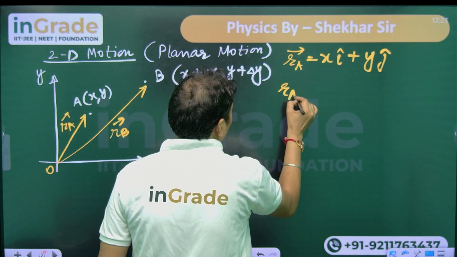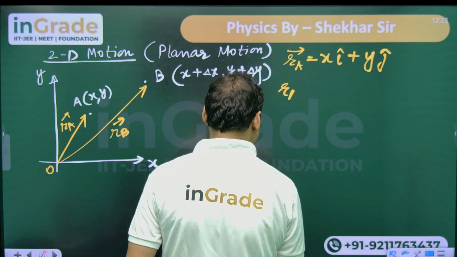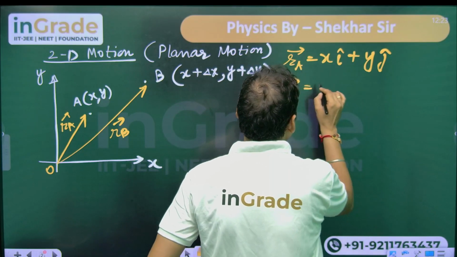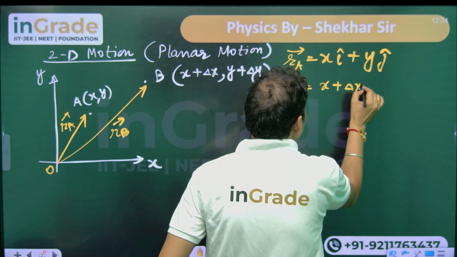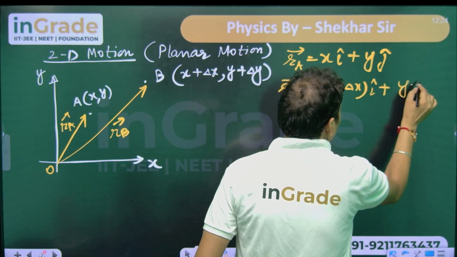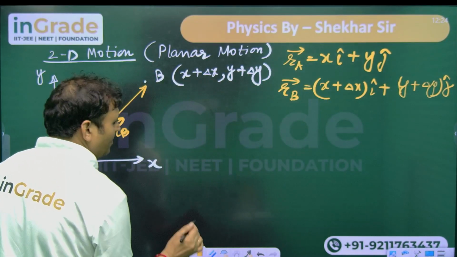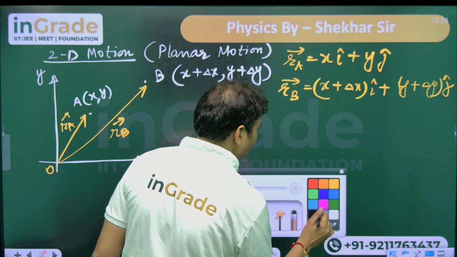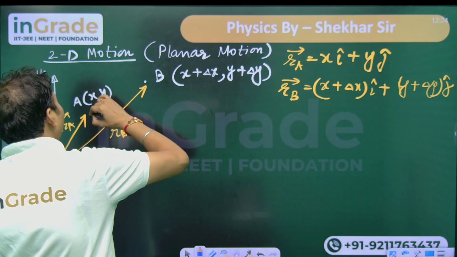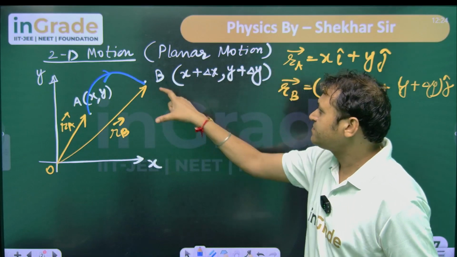So the position vector at point B will be (x plus delta x) i cap plus (y plus delta y) j cap, isn't it? Now the particle is following this path, let us say. In time delta t, the particle has taken this path to reach the new position, that is point B.